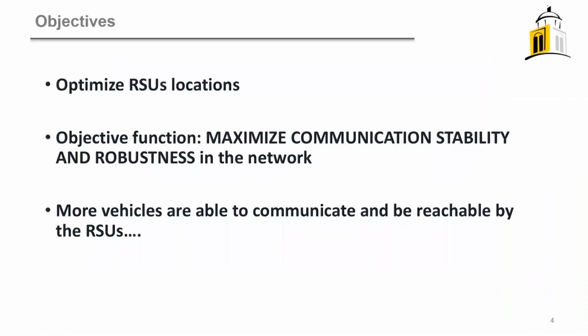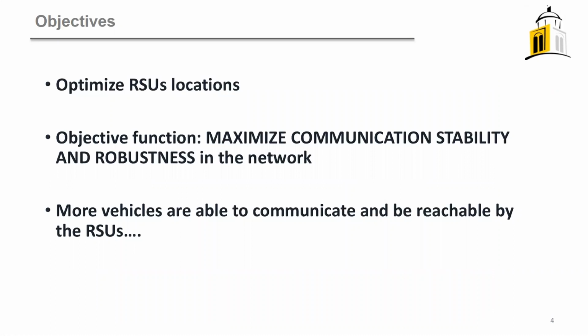Having said so, the objective of my research was to optimize the roadside units and locations with the objective function of maximizing the communication stability and robustness in the network. And by doing so, as I said, we're able to communicate with as many vehicles as possible in the network.